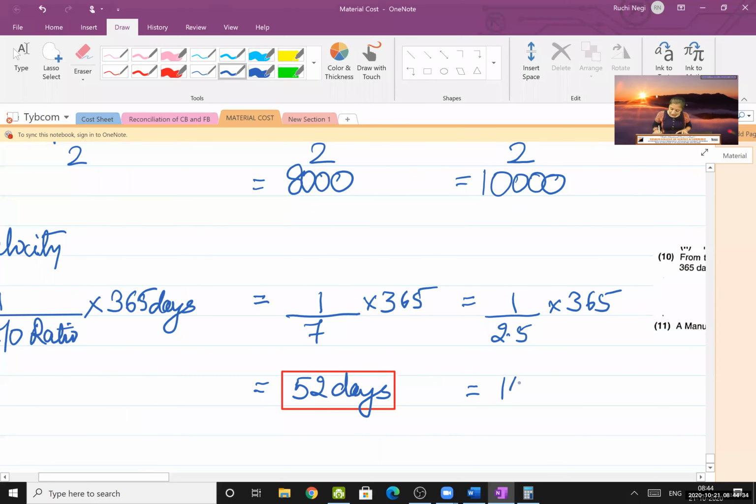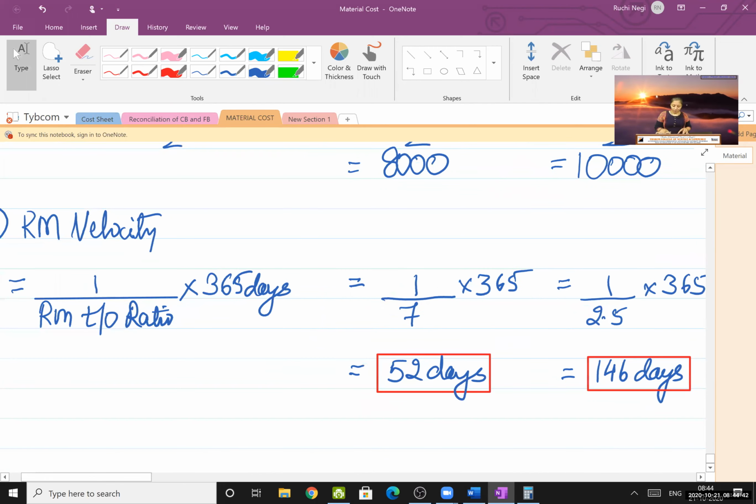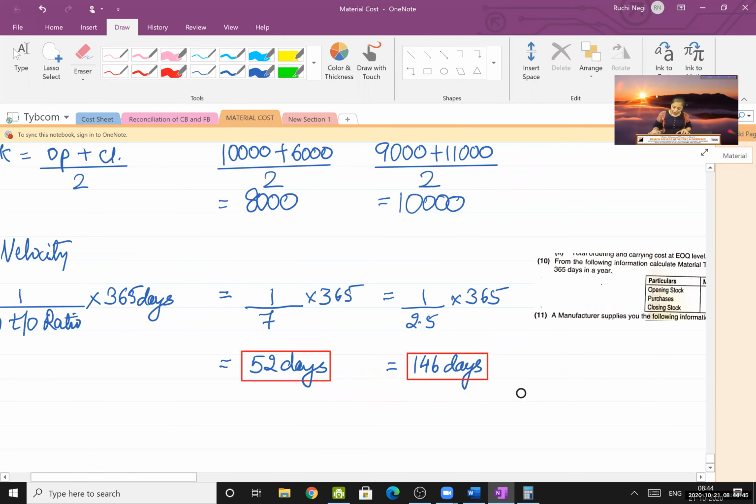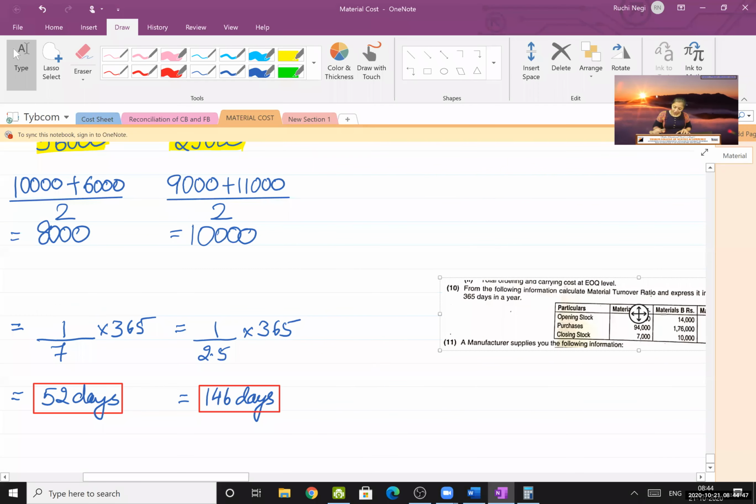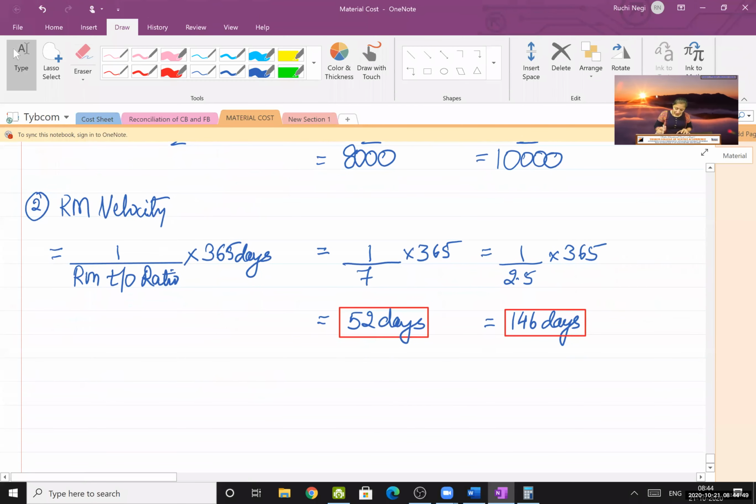So right here, 146 days. Okay. And lastly you have to give your comment. Comment was asked, right? Yes. So write down comment.